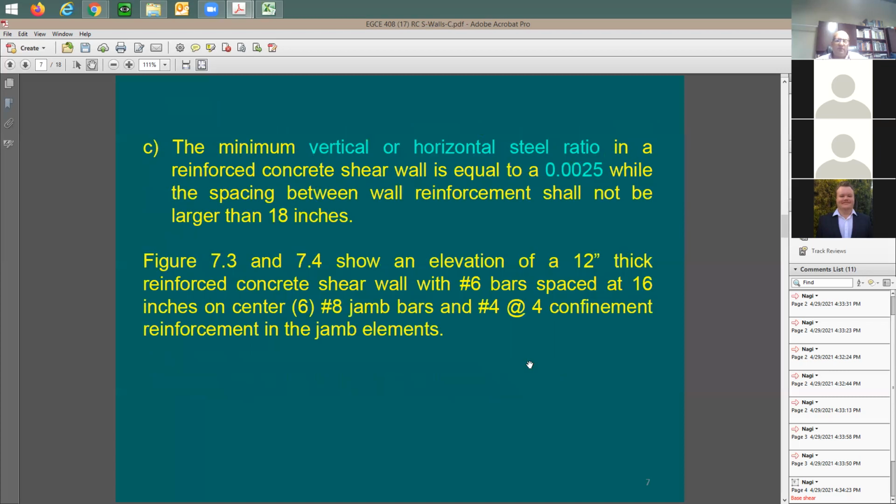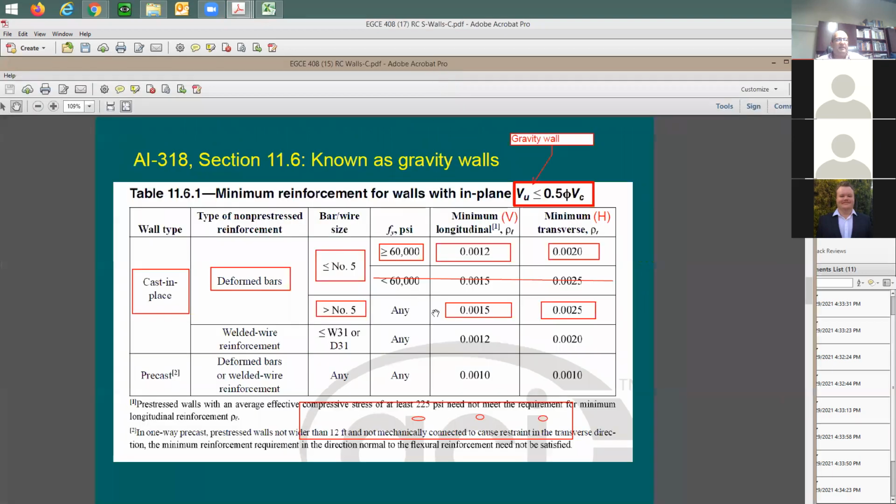They say also for these walls that we're going to consider here to be shear walls, minimum steel ratio, vertical and horizontal, is going to be just one value. If you remember in the previous lecture, you have this table that includes the steel ratio, but this happens when V sub U is lower than 1/2 of PVC.